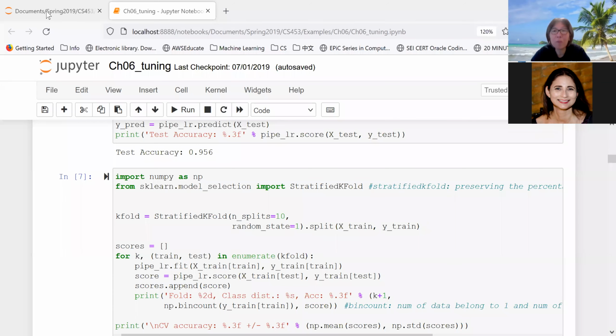For the coding part, the first one is for the cross validation. It's also from model selection. It's regarding stratified k-fold.